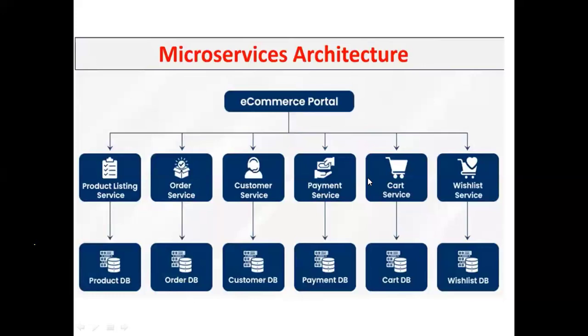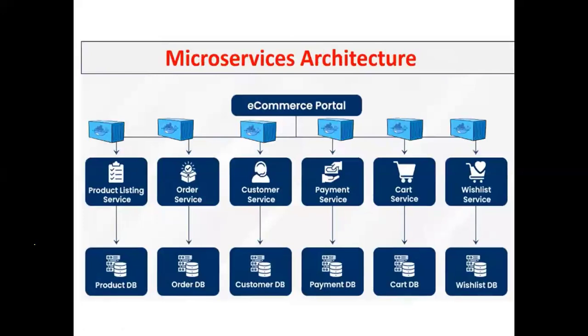And you can check, each service is connected with its own database. So the database is also required to run in a container. So there are 6 containers required for databases and 6 containers required for your services. And one project can have multiple services, hundreds of services, suppose thousands of services.